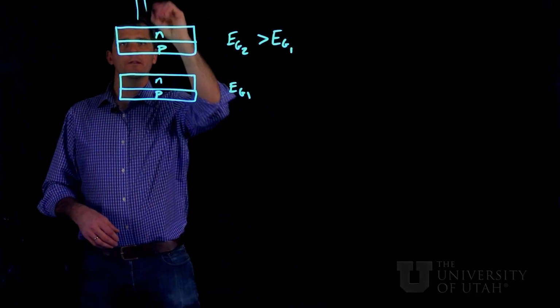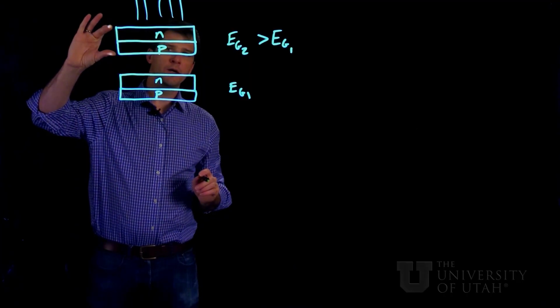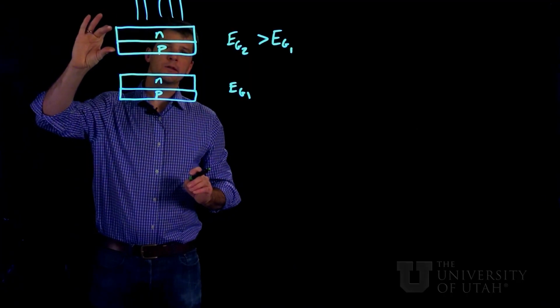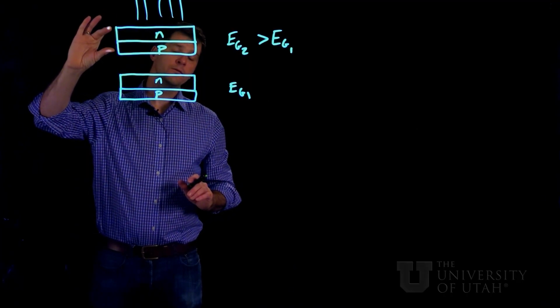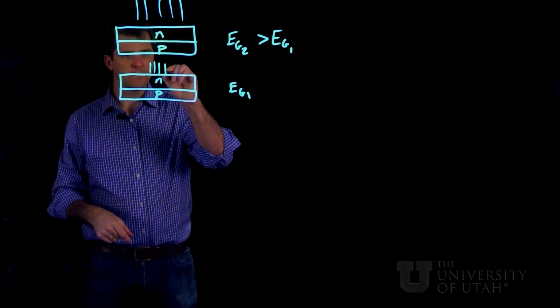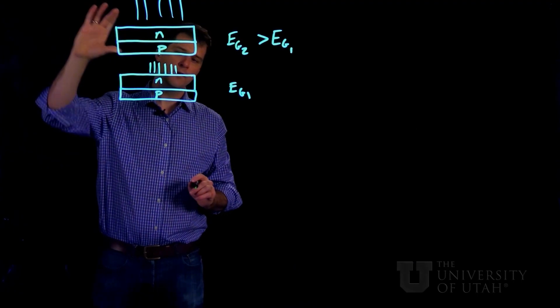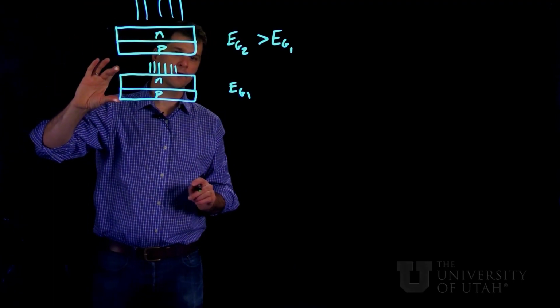So when the sunlight shines on this solar cell, this junction goes into forward bias, but this junction is actually transparent for photons below its band gap, and so those photons make it down here. So for example, this one might catch the blue and the green, and this one only catches the red photons.